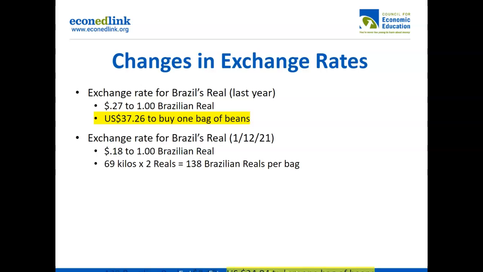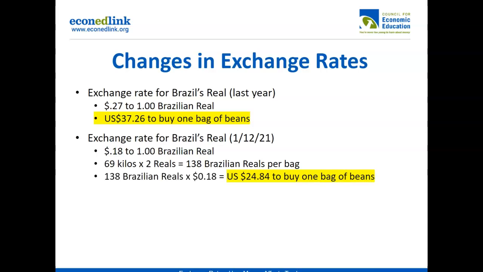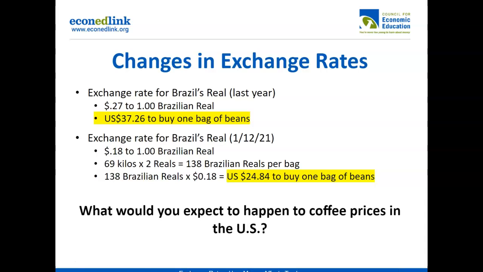So we take the same amount of coffee and we multiply it by the new exchange rate, and now we're paying $24.84 in US dollars to buy 1 bag of beans. So what would you expect to happen to coffee prices in the US?